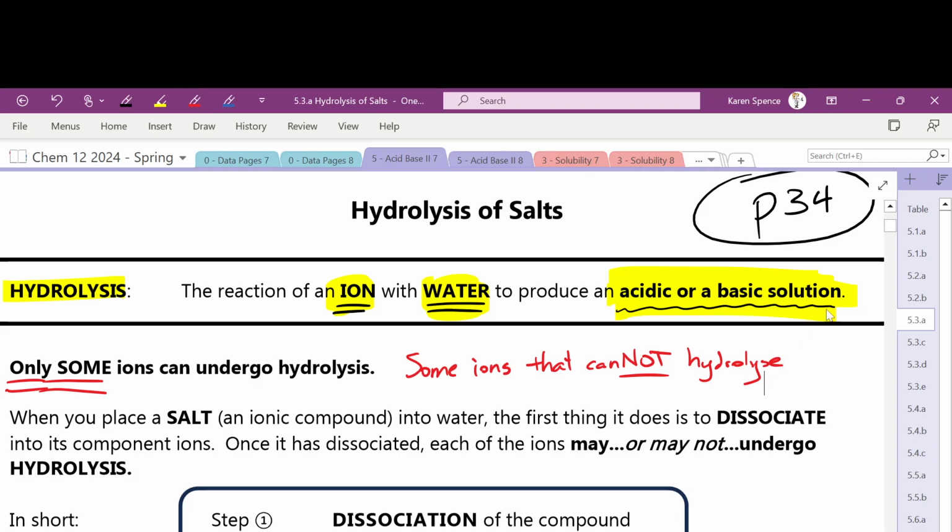How many people think they know? One person, two people. You're gonna kick yourself because we've just looked at them. Literally, like 5 minutes ago. The conjugate bases of strong acids.